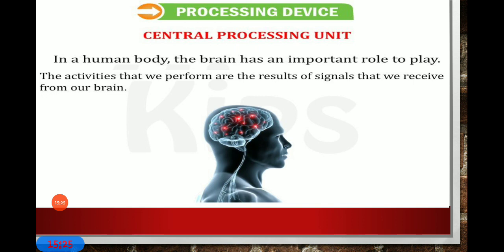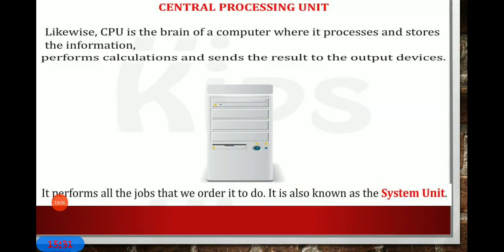Just like that, the CPU is the brain of the computer. CPU means central processing unit, where it processes and stores information, performs calculations and sends the result to the output devices.